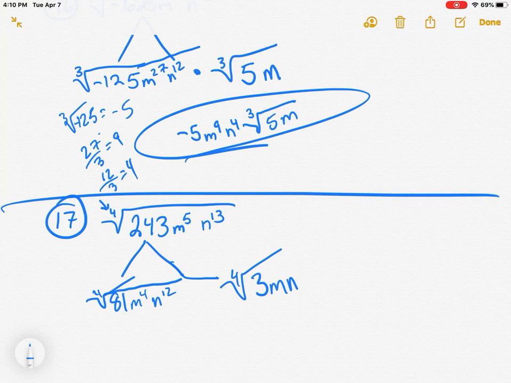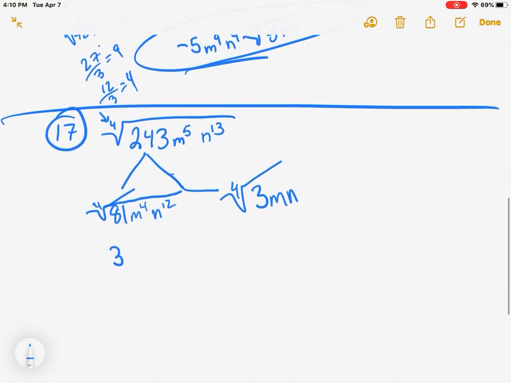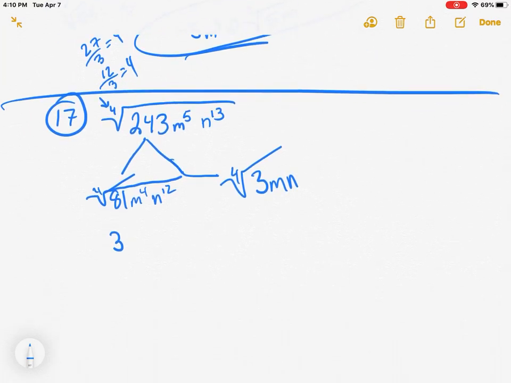Now, the 4th root of 81 is 3. Right? When we do the root of an exponent, we divide. So 4 divided by 4 equals 1. 12 divided by 4 equals 3.